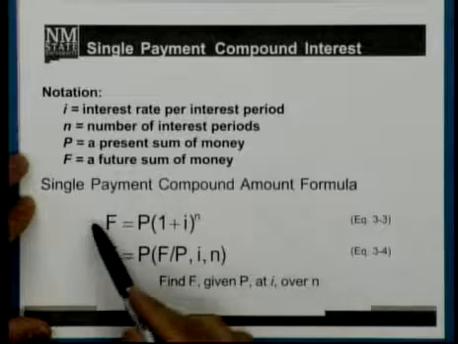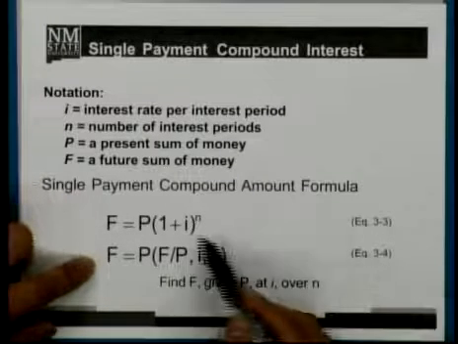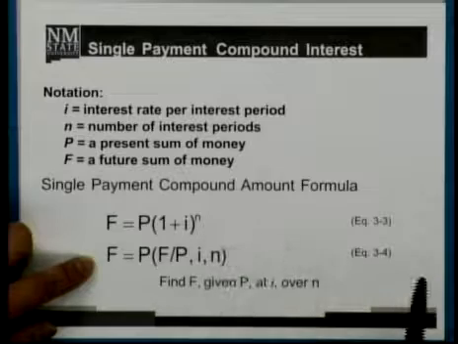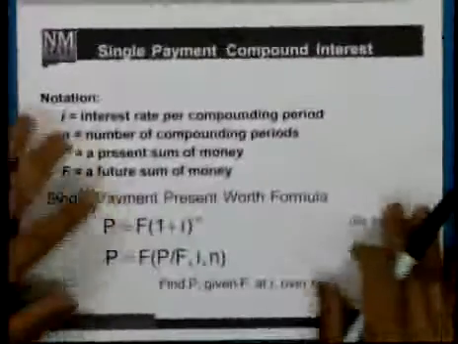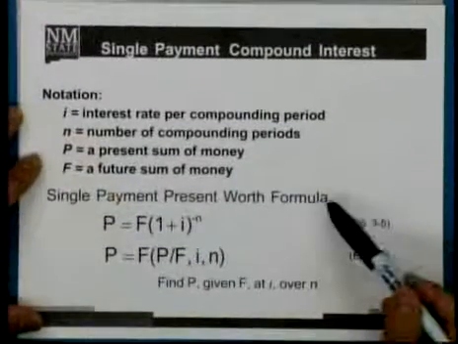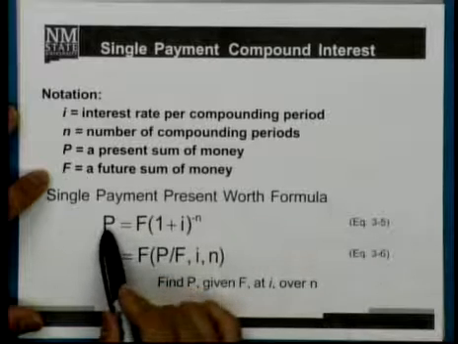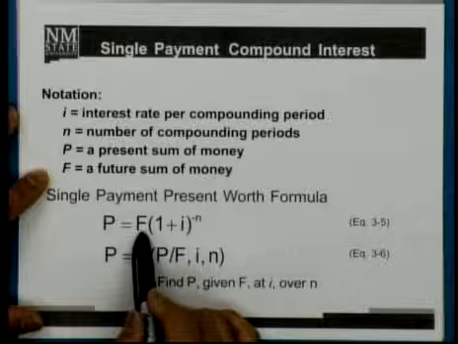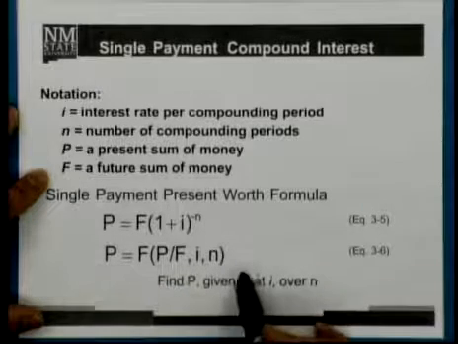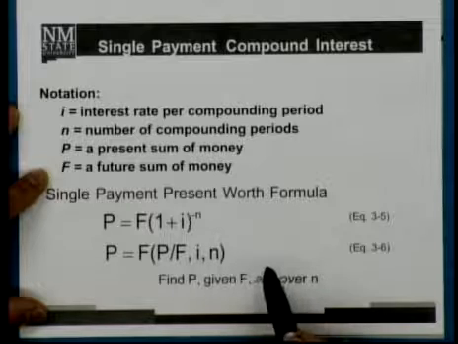Last time I also mentioned that equation 3-4 is another expression of equation 3-3. We've also used the single payment present worth formula to find a present sum P given a future sum F. Okay? And equation 3-6 is another expression of equation 3-5. Okay?